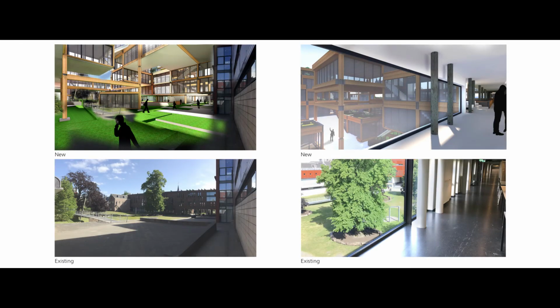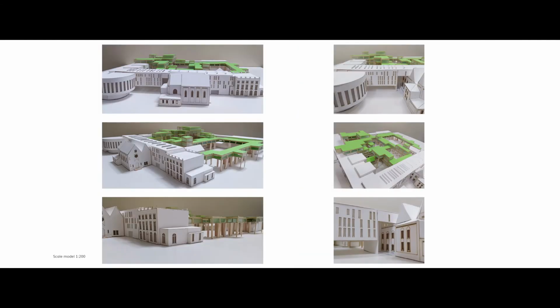And finally, I put some of the images, again existing and new at this moment. So here the pictures of the physical model, which shows the existing and the new design in a more abstract way, but at some point it helps the viewer to understand the existing spaces of the building.